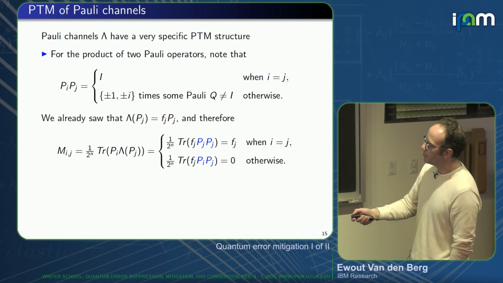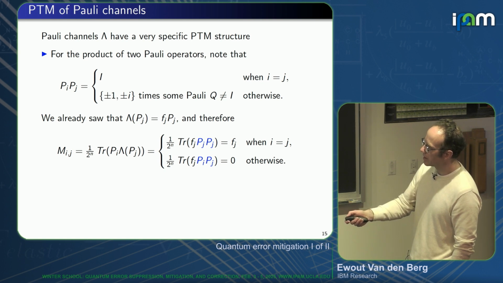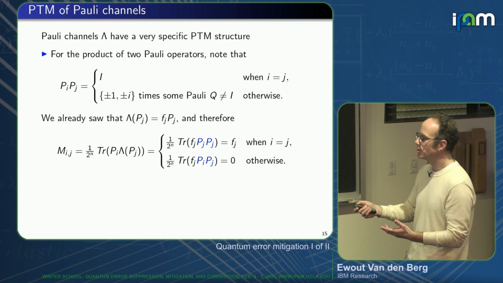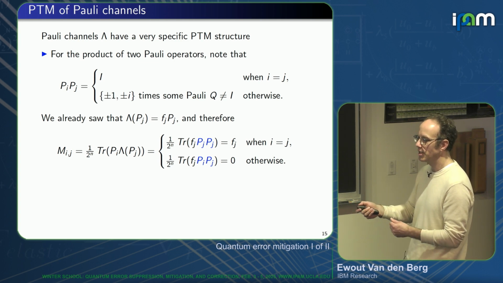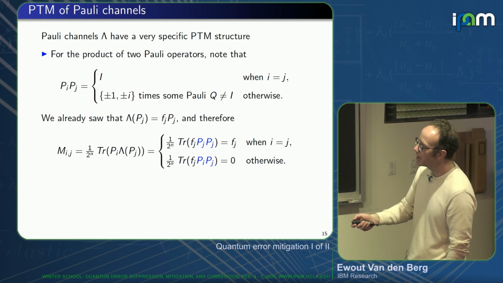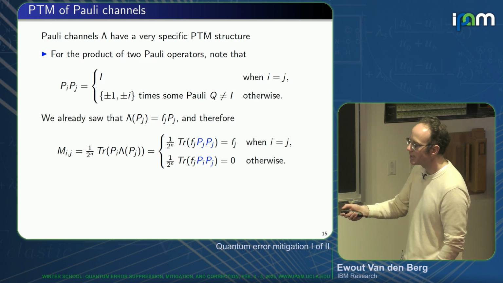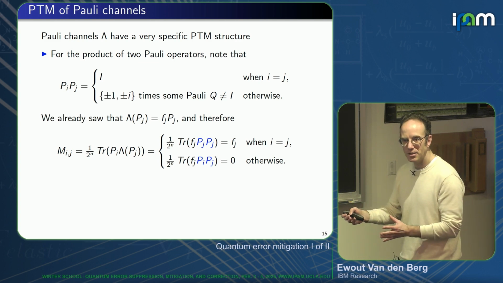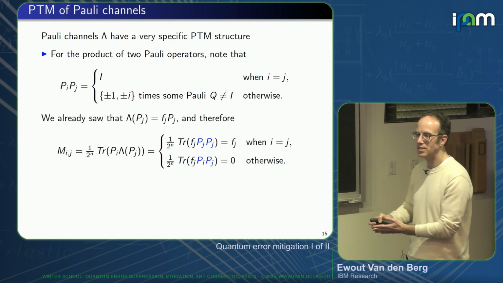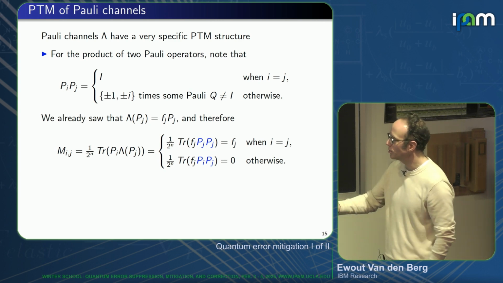Now, if i is j, then we saw that this lambda Pj turns into some fidelity times Pj. And if this first Pi is also equal to Pj, because i is equal to j, then you get the identity term, and the trace of this is 1, up to this scaling factor.